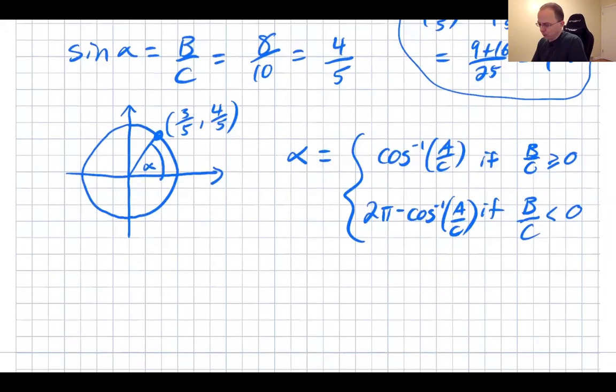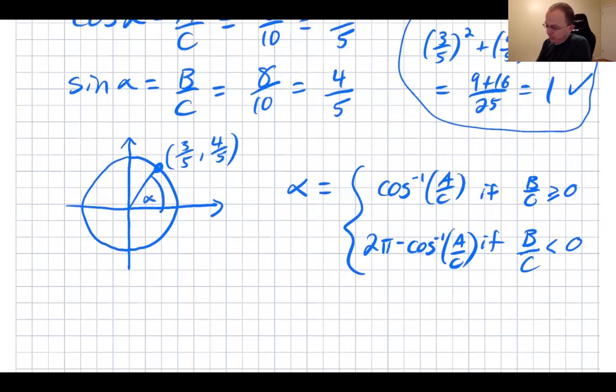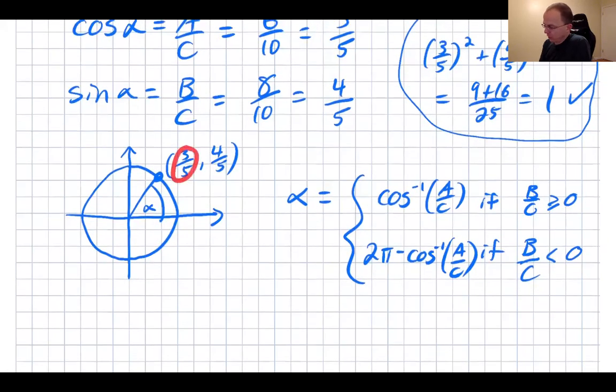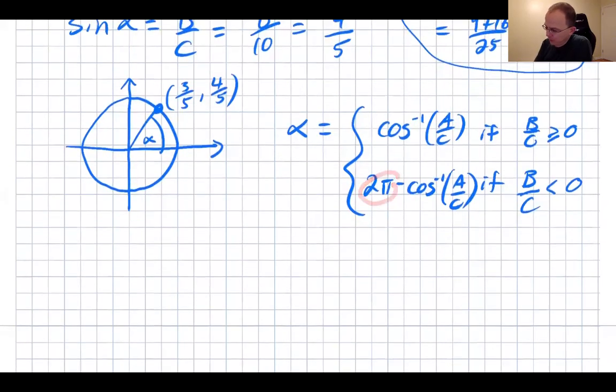All right. But in our case, we have that this sine alpha is equal to 4 over 5, which is positive, and so therefore alpha will be the inverse cosine of 3 over 5. So we don't have to worry about this 2 pi minus term because we're up in the top half of this unit circle.